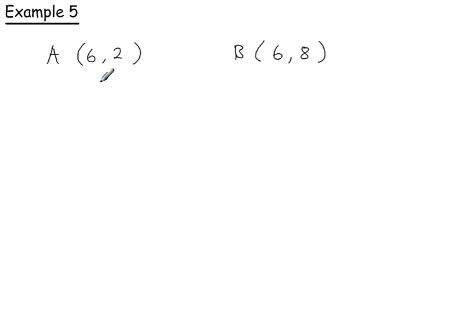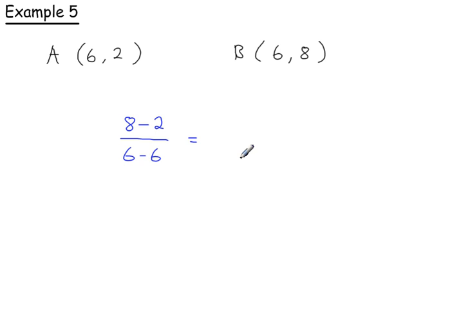In this example, we can see that the x-coordinates this time are the same for both A and B. So to work out the gradient of the line that goes through A and B, if I start with point B, the change in y, 8 minus 2, divided by the change in x, 6 minus 6.